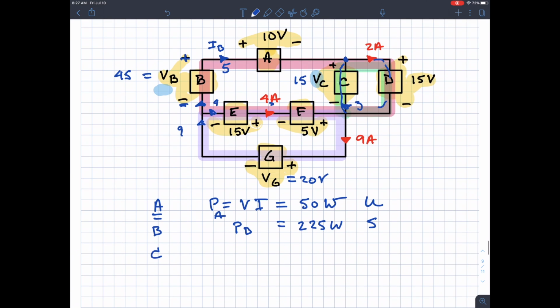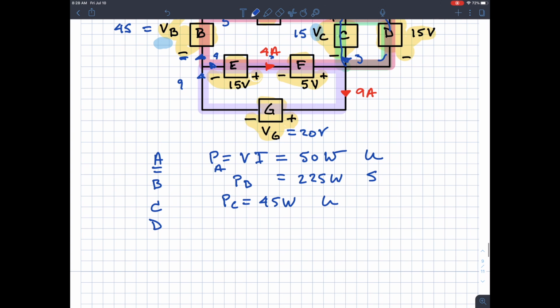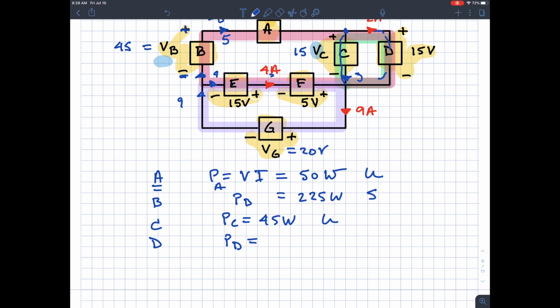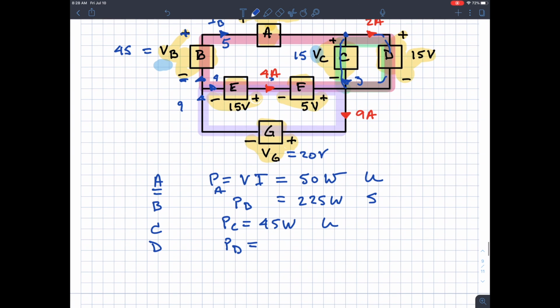Okay, moving on quickly to element C. For element C, I have 3 amps moving down in the direction of a drop. 15 times 3 is 45. So it's the passive sign convention, so it's used. Element D, 15 times 2, current's moving in the direction of a drop, that's the passive sign convention, so 15 times 2 is 30 watts.